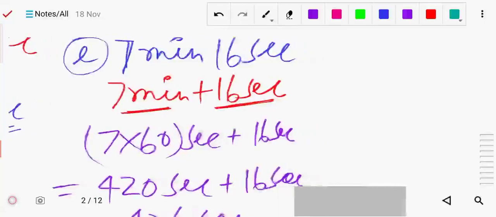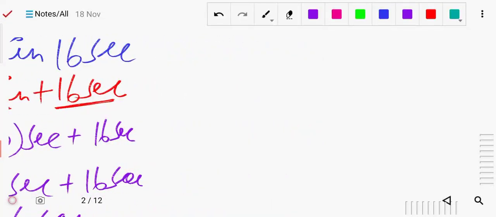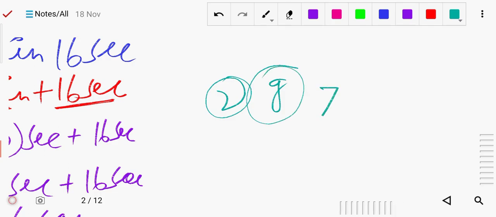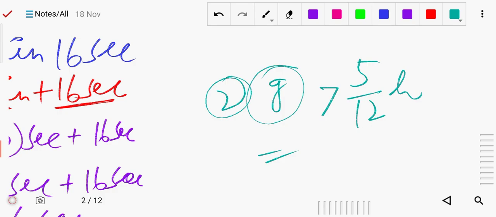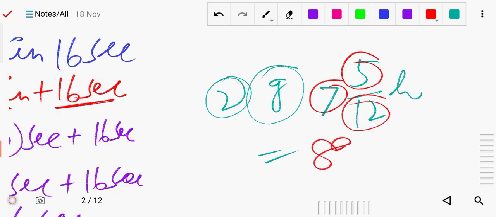The question is number G, 7 5 by 12 hours. So we will change this mixed fraction to improper. We will multiply these two: 12 sevens are 84, plus 5, 89. It will be 89 by 12 hours.